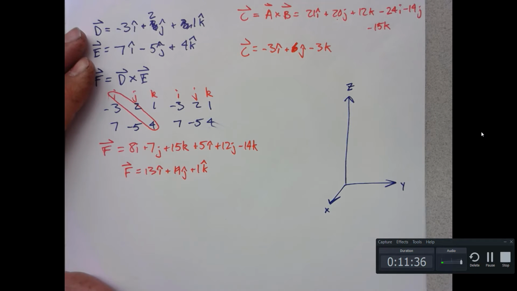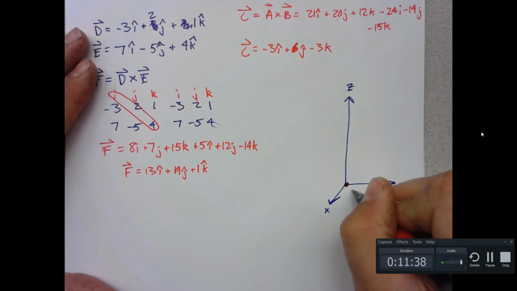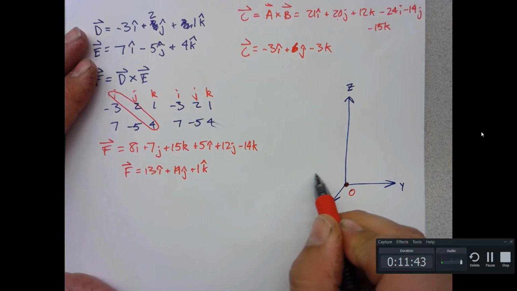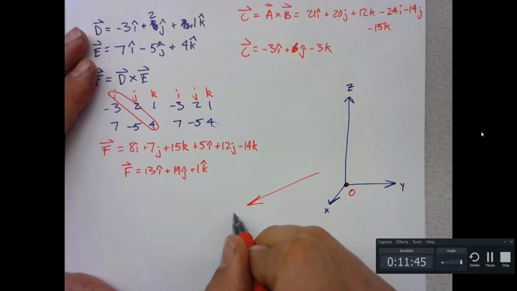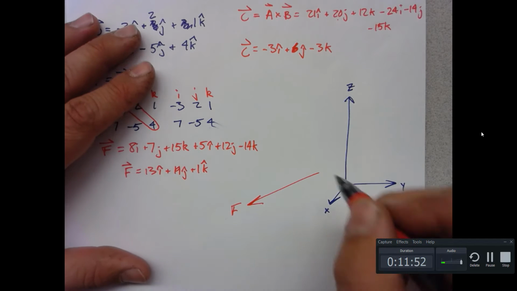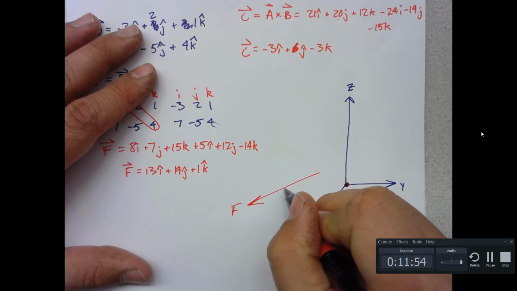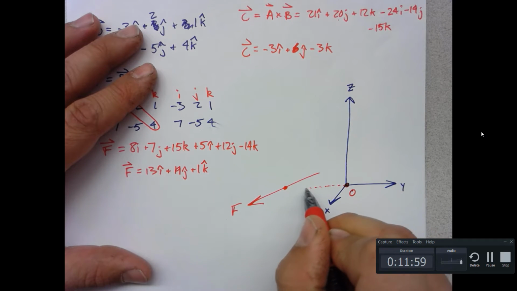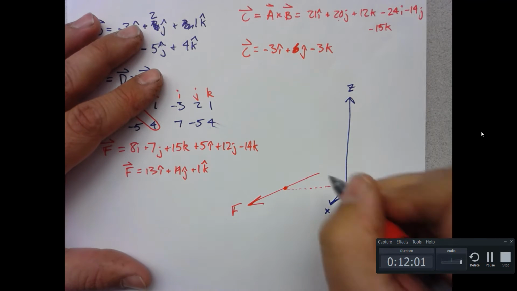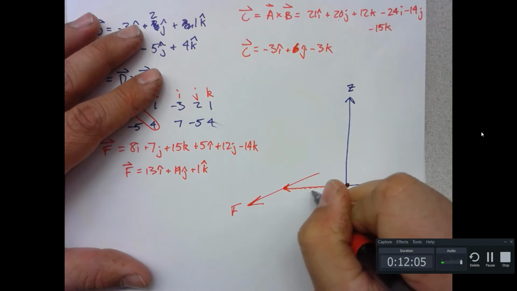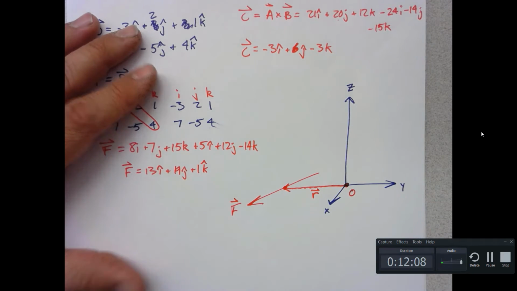And this is our point of interest, point O. And we know that there's some force vector going in this direction, which lies in the xy plane. But I know that maybe it crosses the y-axis right here. So I'm going to call this my position vector. So there's the force vector and there's the position vector.